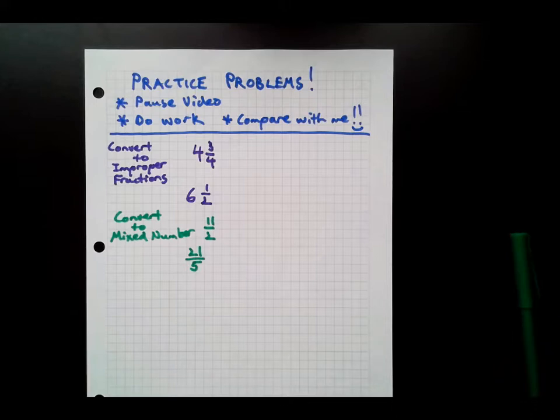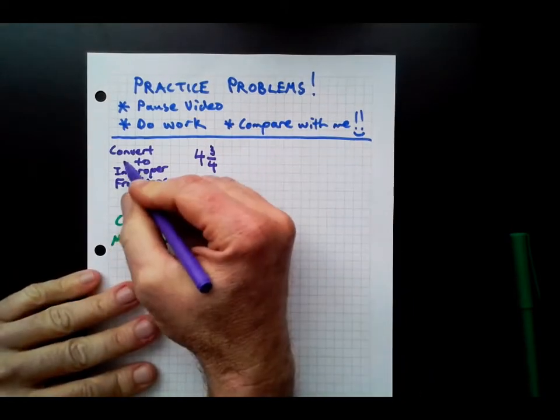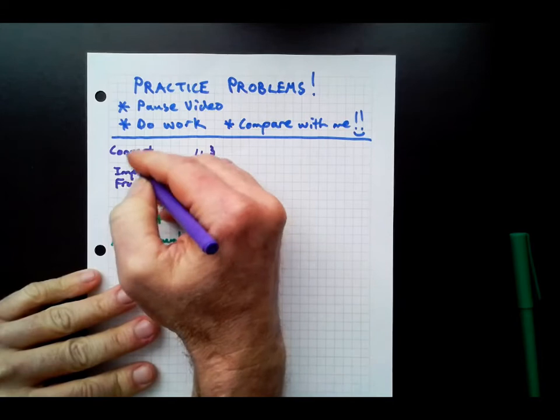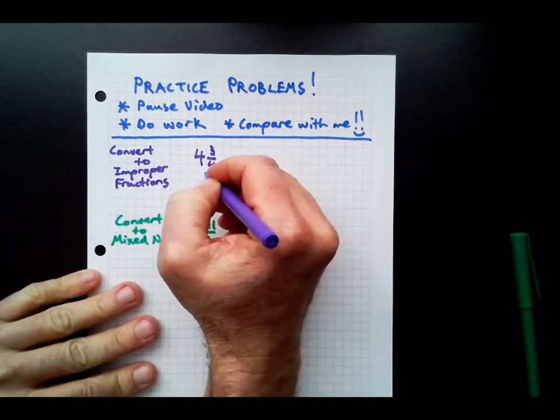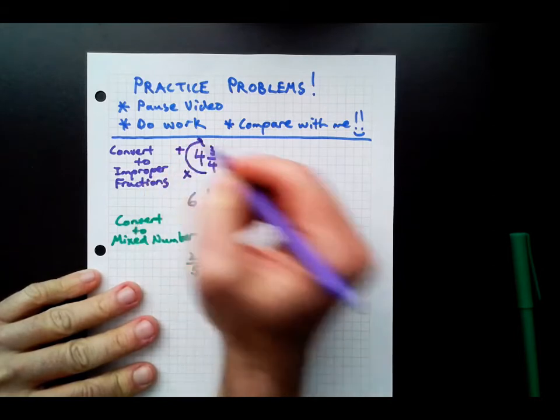All right, so we're back. How did you do? I always think this is the easiest conversion to make, because we go around the circle, multiply, and add.